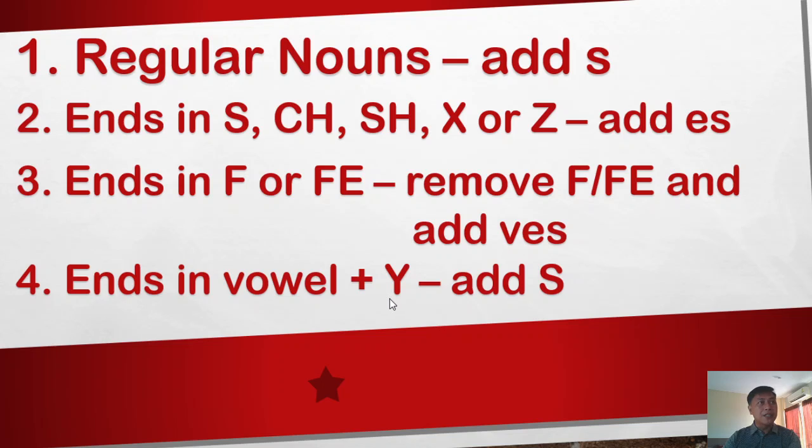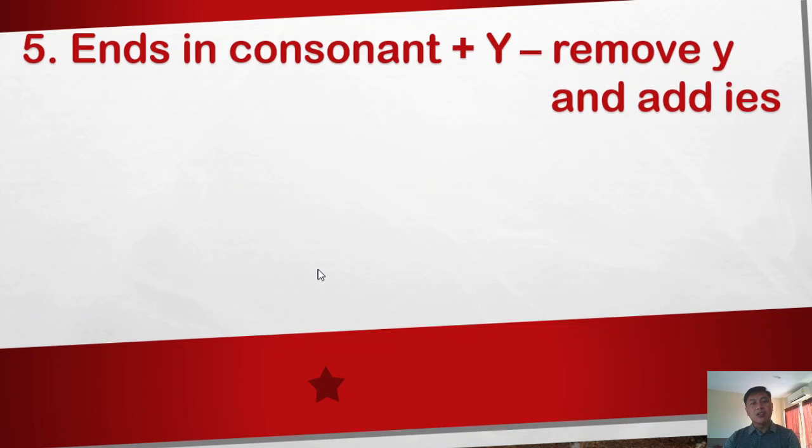Number four, ends with vowel plus Y. The vowels are A, E, I, O, U. You simply add S. Number five is ends in consonant plus Y. The consonants are B, C, D, and so on.